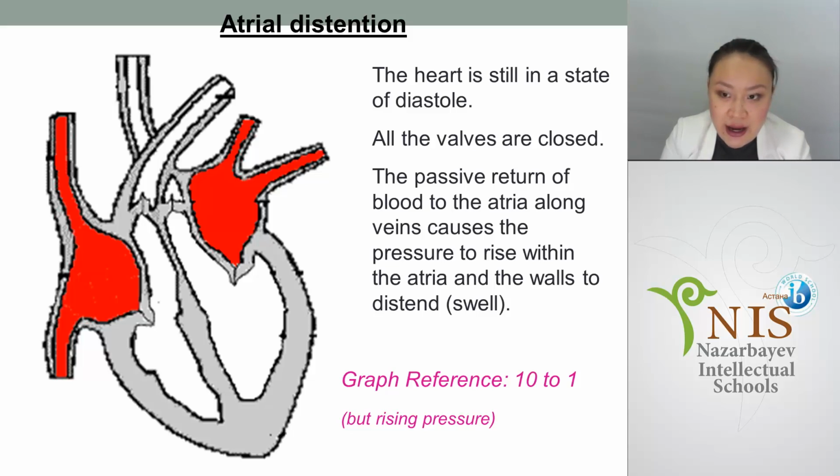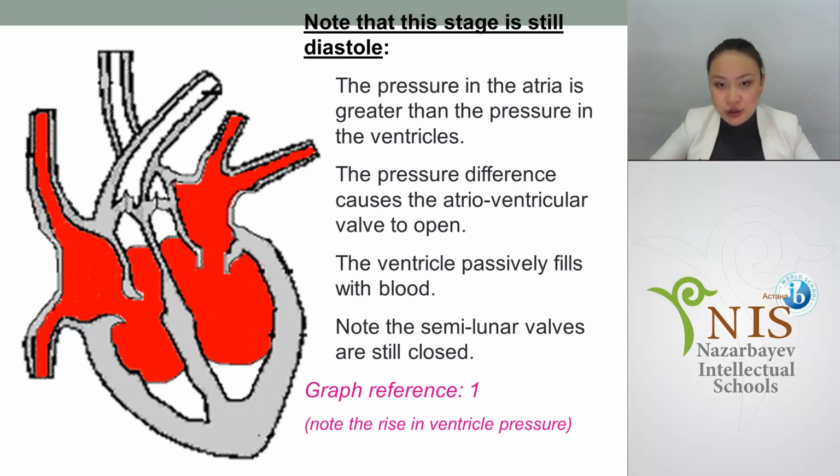The passive return of blood to the atria along the veins causes the pressure to rise within the atrium and the wall to distend, to swell. In this picture, the atrium fills with blood, and the heart will not contract. The heart is relaxing. Blood just comes into the atrium without any extra energy. Note that this stage is still diastole in this picture.